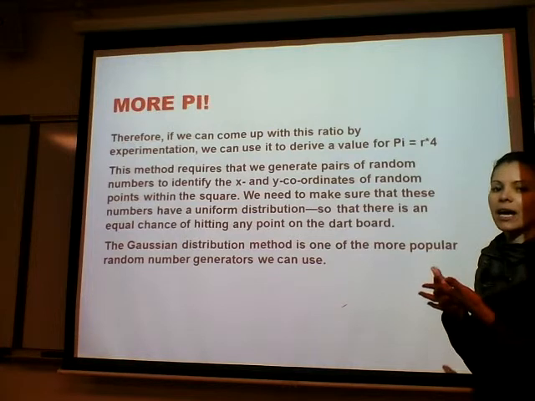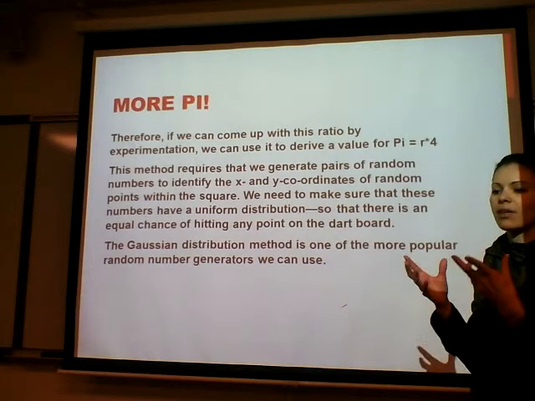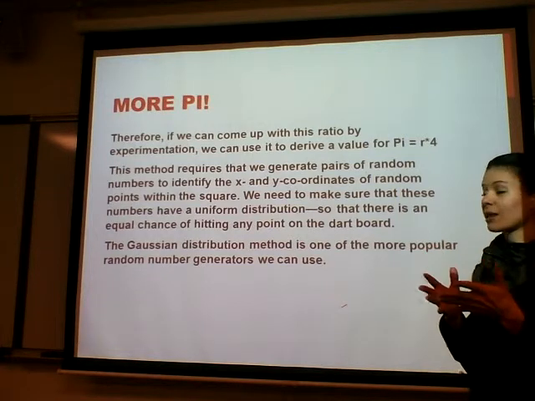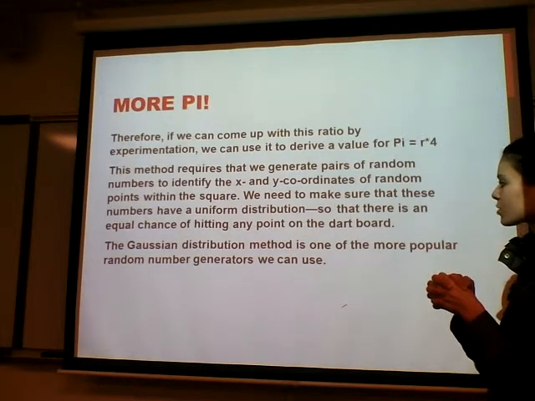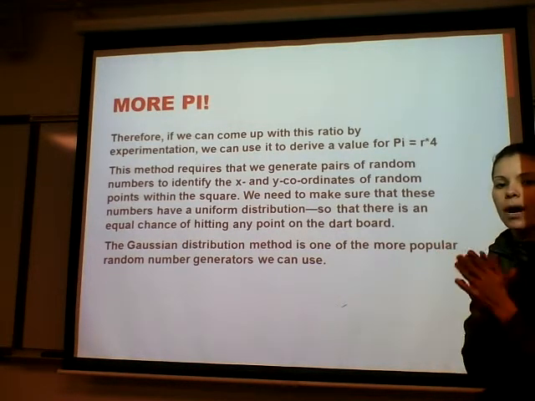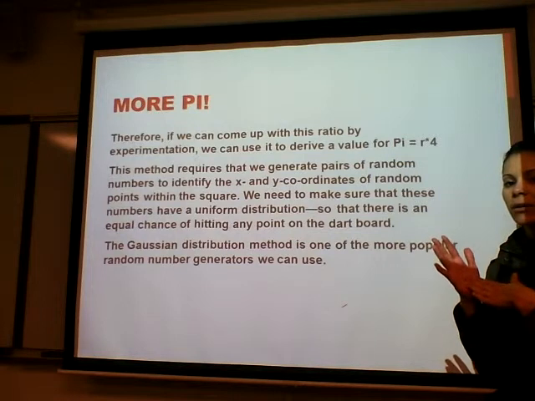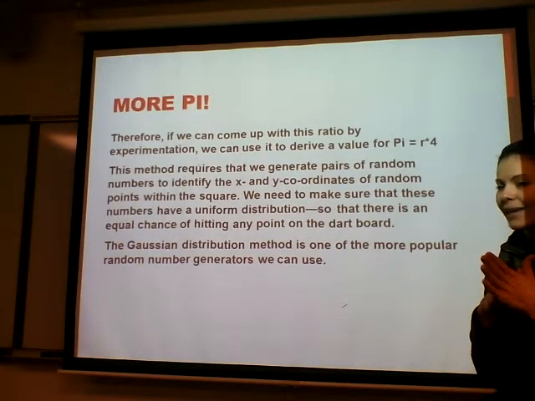That is to say, you're not just going all over some geometric plane, but you're staying within the square that the circle lies within as well. For my research, I chose the Gaussian distribution method, which was just one of the more popular random generators that I found online, and also very simple to use with NumPy in Python.